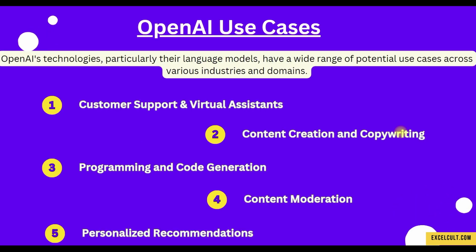Now, moving ahead to use cases. OpenAI's technologies, particularly their language models that we were just talking about, have a very huge number of use cases across various industries and domains. I've tried to mention a few of them, like customer support and virtual assistants, and then content creation and copywriting.